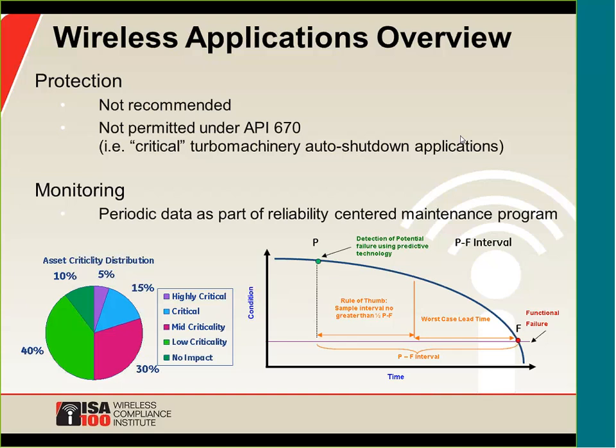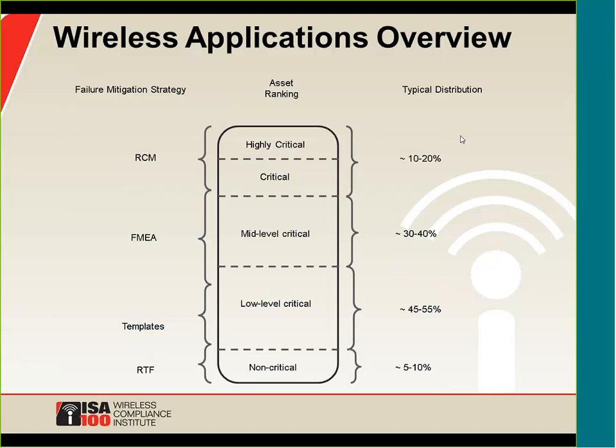There have been enough studies performed that you can get a good feel for what that period of time looks like, from when you can actually detect it, when the trends are starting to indicate there's a problem, until the equipment needs to be addressed right now. Wireless is a great candidate where you don't need continuous monitoring, where that time period is long enough that you can monitor on a periodic basis.